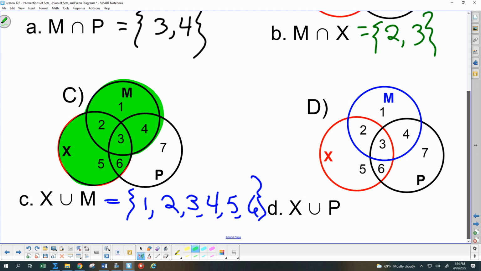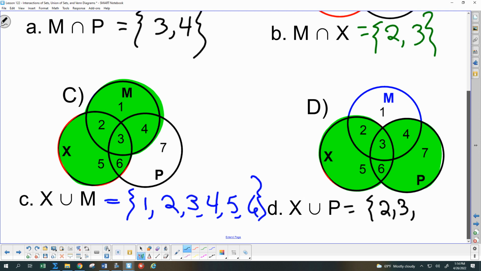We want to take the X circle and the P circle and put those together. So Ella, can you help us if we take the X circle and the P circle and put those together? So everything except the 1.